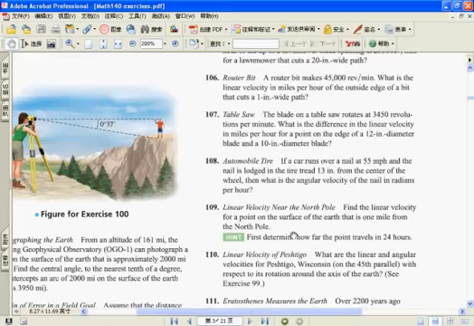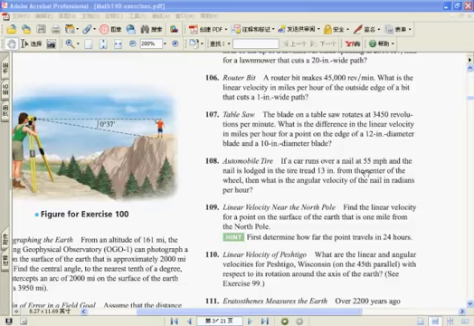Now let's look at page 431, problem 108. It's about an automobile tire. If a car runs over a nail at 55 miles per hour and the nail is notched in the tire tread 30 inches from the center of the wheel, then what is the angular velocity of the nail in radian measure per hour?